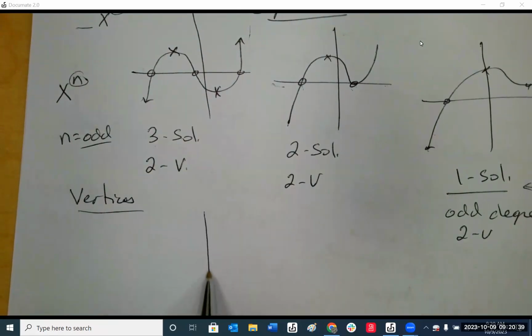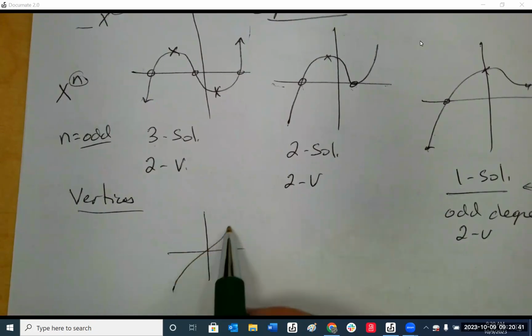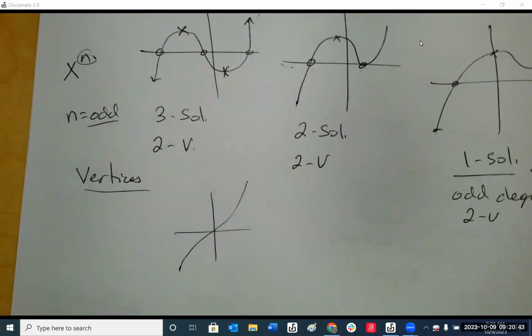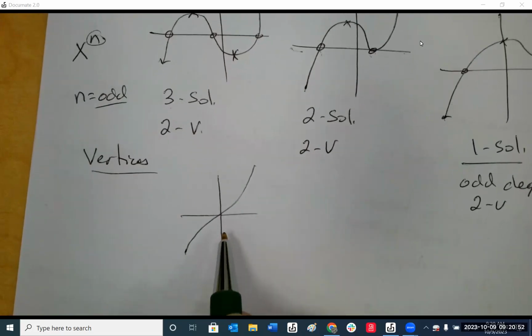Or you can have no vertices. It's just an increasing function. This is the way the graph looks if you just graphed x cubed.